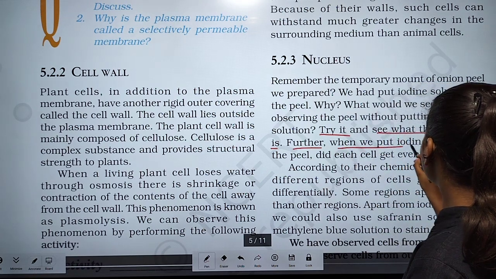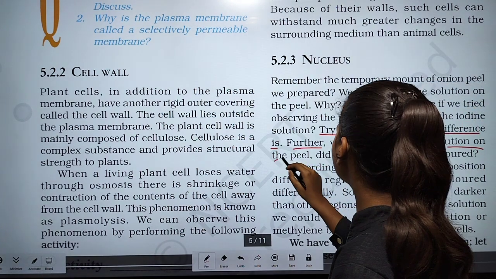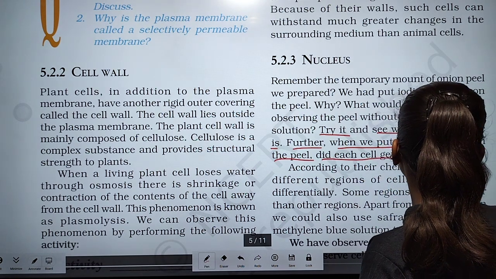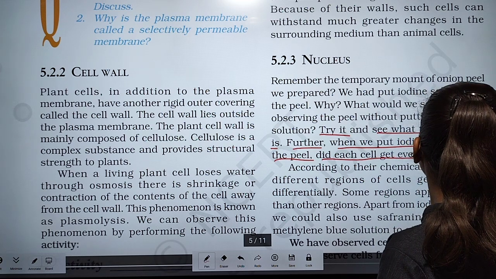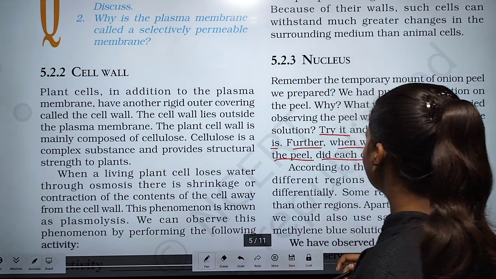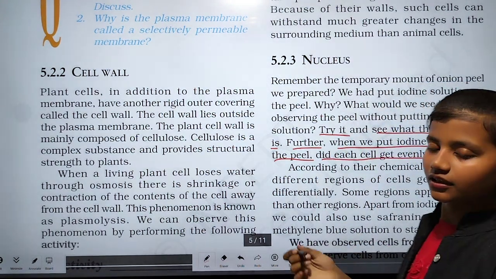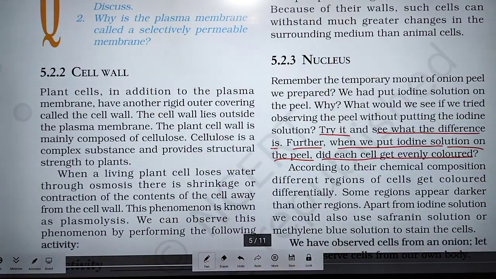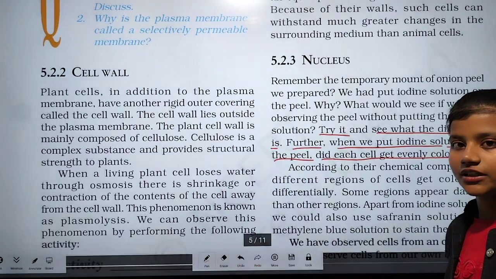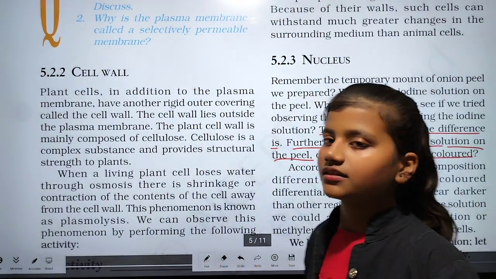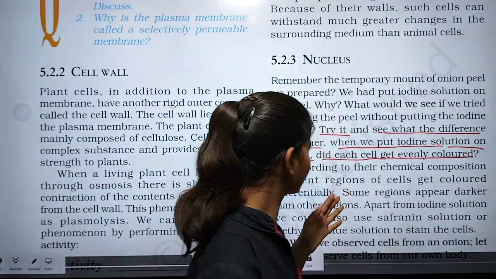Further, when we put iodine solution on the peel, did each cell get evenly colored?